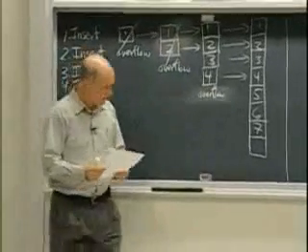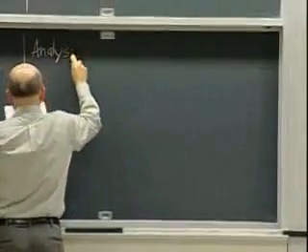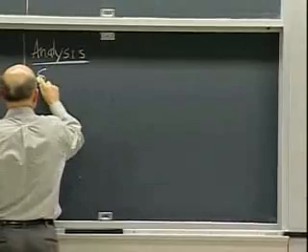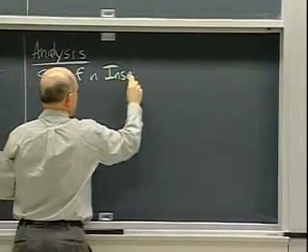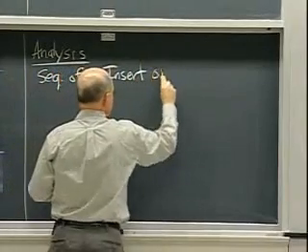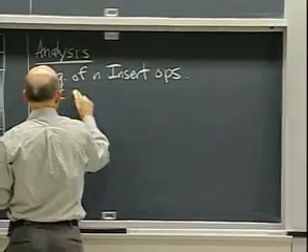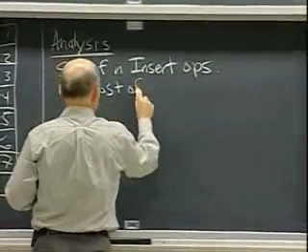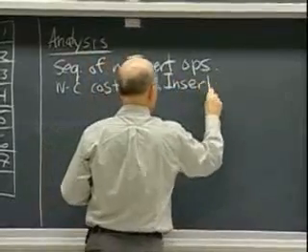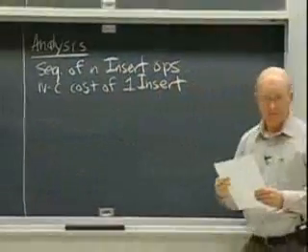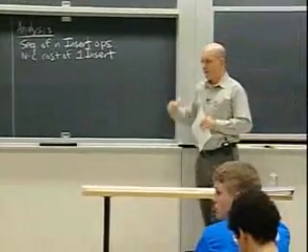Okay? So let's do a quick analysis of this. So we have a sequence of n insertion operations. What is the worst case cost of one insert operation? What's the worst case for any one of these?